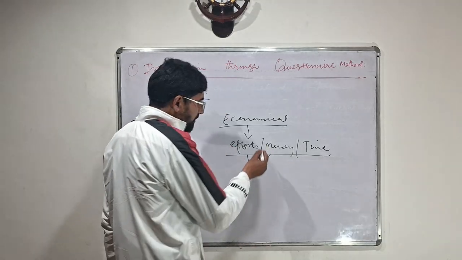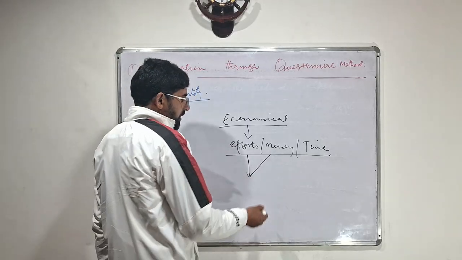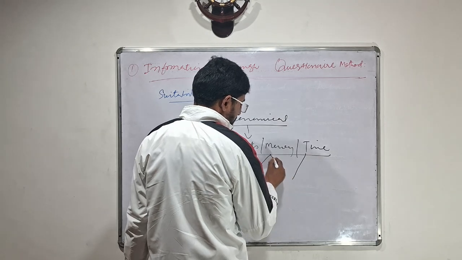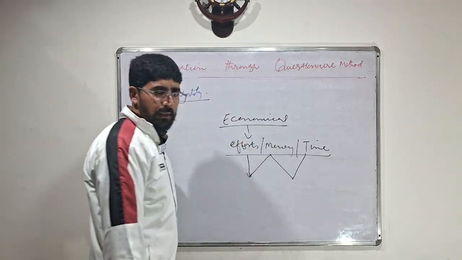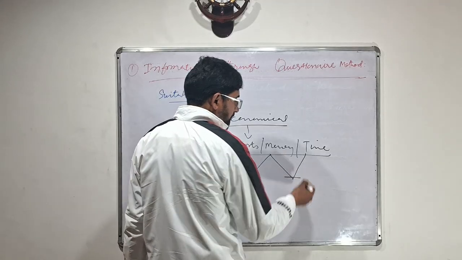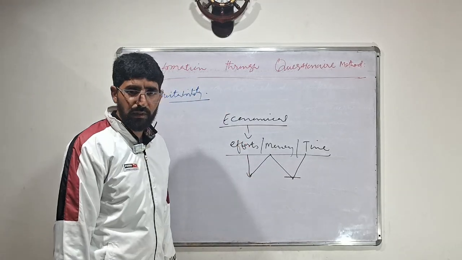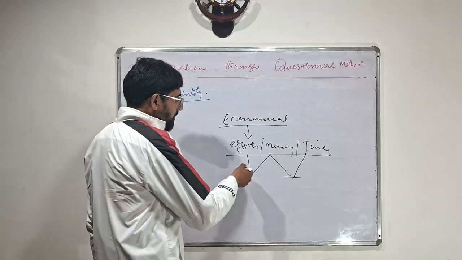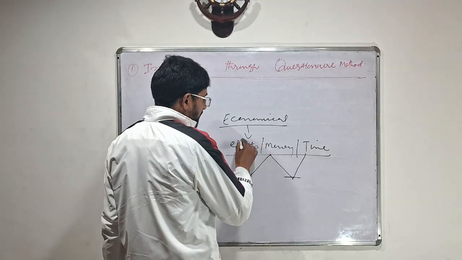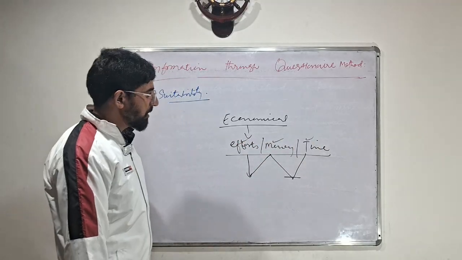He can save the money, as he does not have to reach out to every person place to place. Also, he can save the time, as in 1 hour he can send the questionnaire to thousands of students. This questionnaire method is economical in terms of efforts, money, and time.